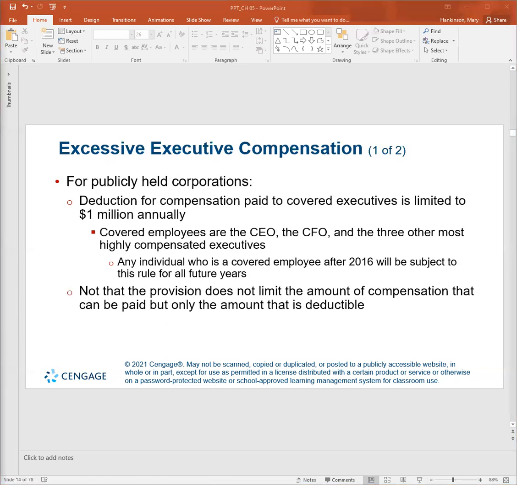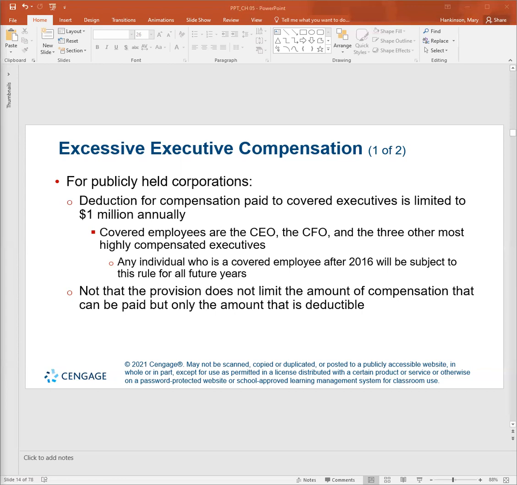All right, so excessive executive compensation. The reasonableness requirements and its relevance to the deductibility of expenses paid by small businesses was discussed in the previous section. However, the reasonableness of other expenses, including those paid or incurred by larger businesses, has also gained the attention of Congress as well as the general public.